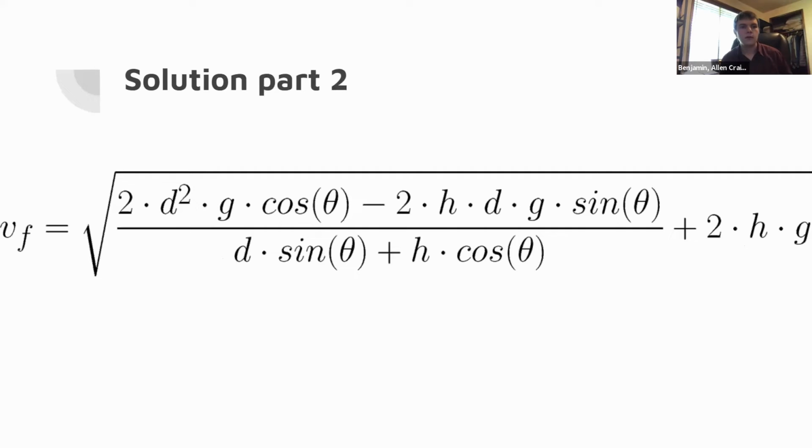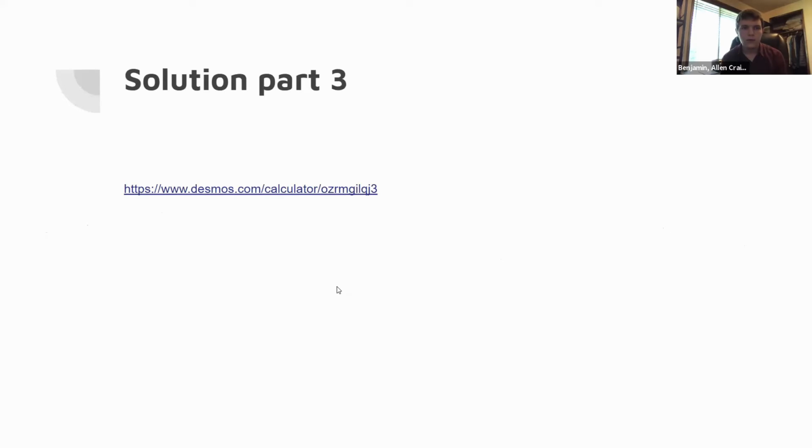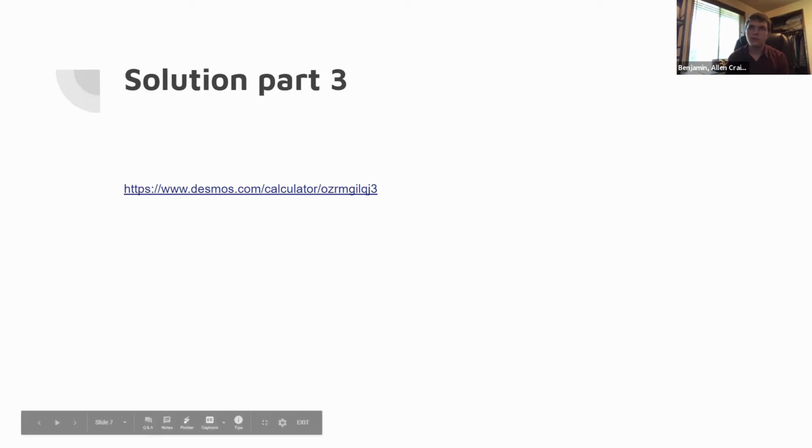So this is the equation that we found for final velocity, and it's in terms of the distance again, the acceleration due to gravity, the angle of the thrust force, and the height of the cliff. For part 3, where we were finding the position versus time graph, we used Desmos and some sliders so that we could show how the different variables affect things.